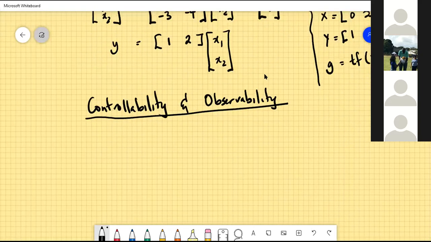So let me put the definition. A system is controllable, and that is any system.